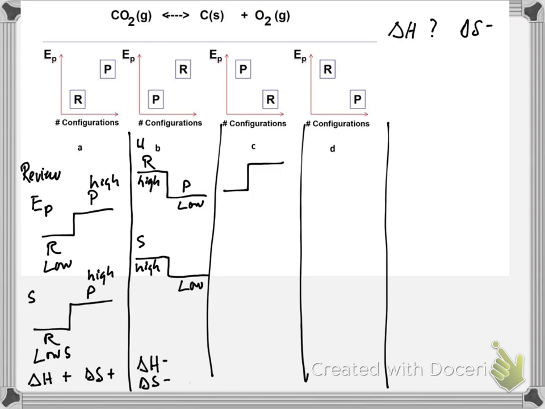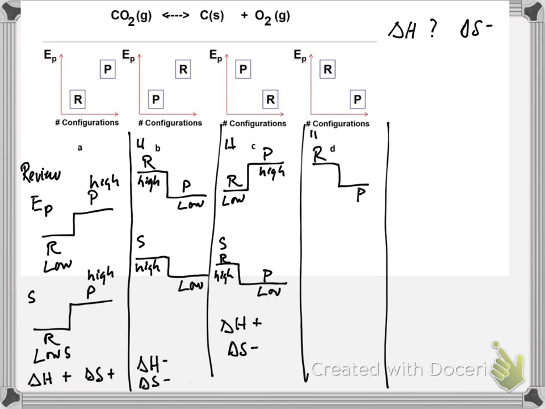So first in C, you have an endothermic reaction, so delta H is positive. But entropy is changing as you're going from high reactants to low products. So this is an opposite trend. They have different signs, so delta H is positive, but delta S is negative. When we look at option D, we have an exothermic reaction.